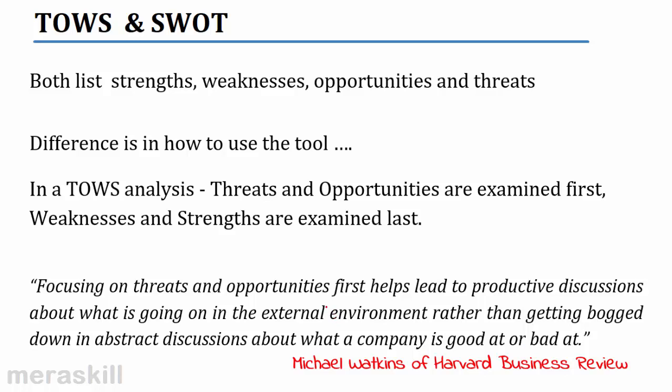Is it clear? So both consist of the same elements of strength, weakness, opportunities, and threats, but the method of using the tool was different, and TOWS has proved to be a much more effective way of laying down a strategy.